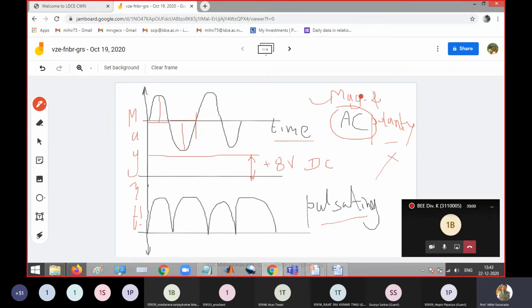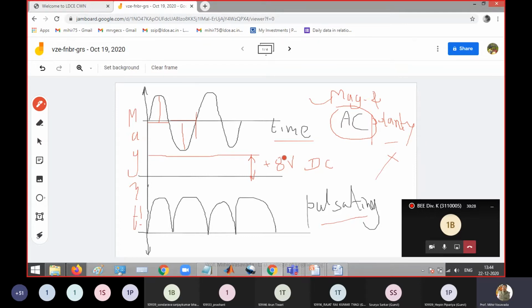Right. So now when we go to the transformer and when we apply this AC voltage or current, it will have this change in magnitude and polarity with respect to time. So because of that, you are getting the similar flux wave. And then that flux wave, when it links with the stationary winding, the stationary secondary winding and stationary primary winding itself, it will induce EMF. But when you apply DC, the DC current will flow, and the same DC current will produce similar constant flux.